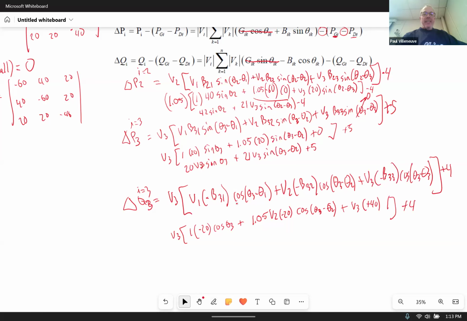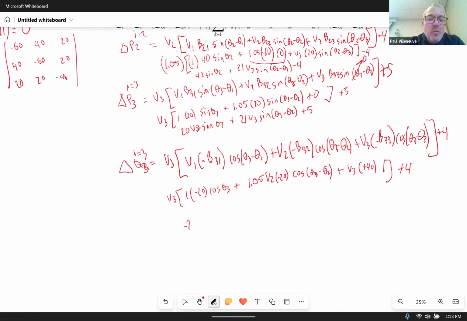Now we simplify that down. I have negative 20 V3 cosine of theta 3 plus, why did I write V2 over here? That is V2.